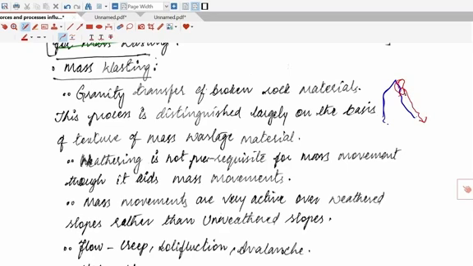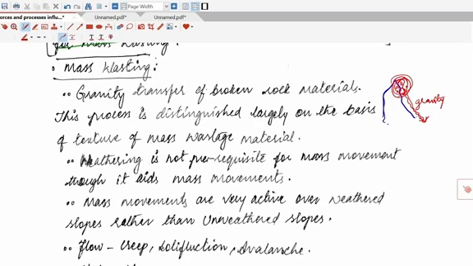So this is coming down with the help of gravity, and not only one single part comes, but it brings many small pieces with it. So this is called mass, and what brings it down is called wasting.